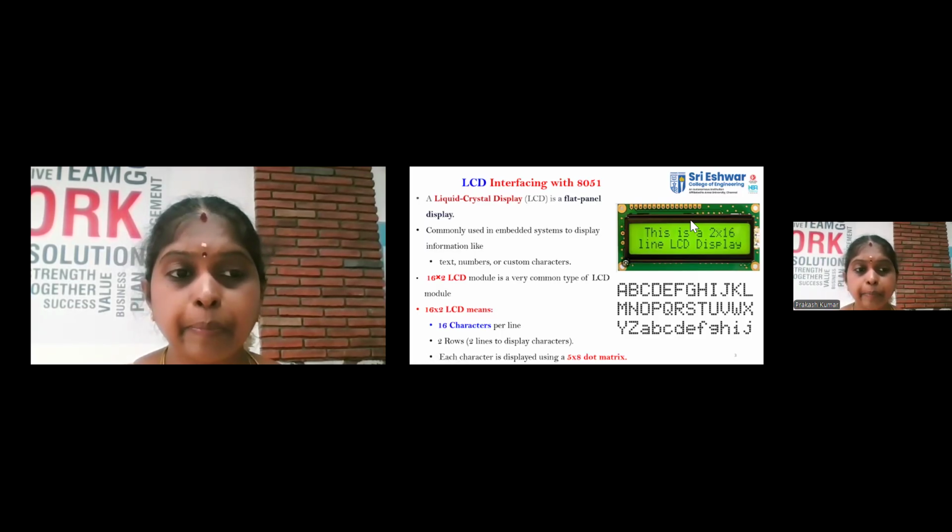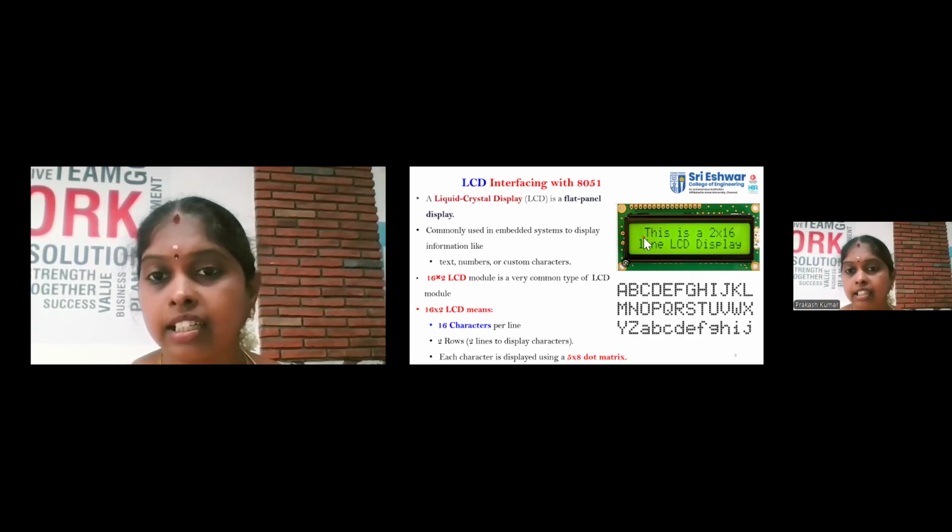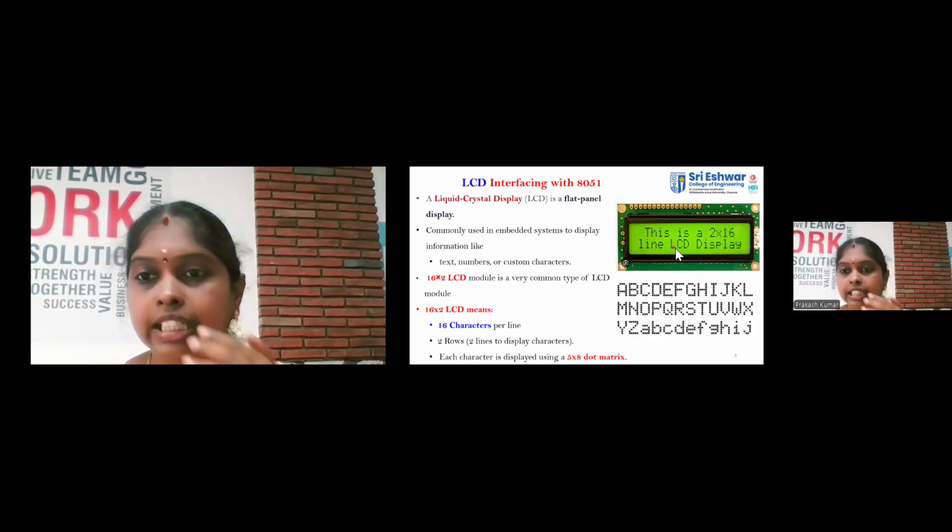Let me annotate, hope you can see the annotation here, my red color cursor mark. Look at the diagram. 16 means 1, 2, 3, 4, and so on till 16. So it will have 16 columns and 2 rows, the first line and the second line: 2 rows and 16 columns.